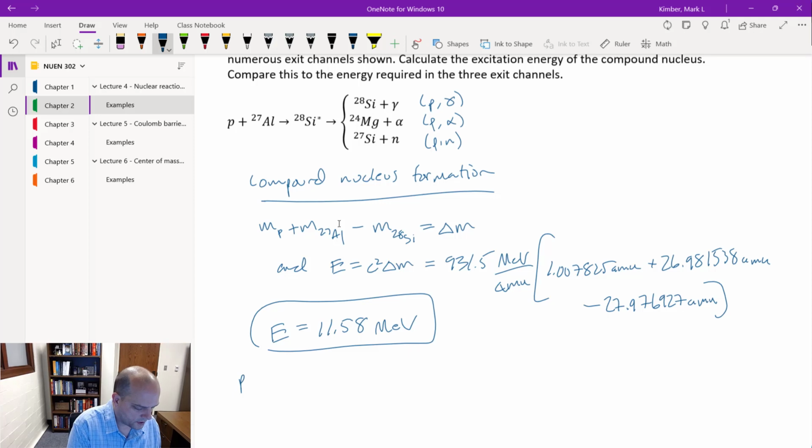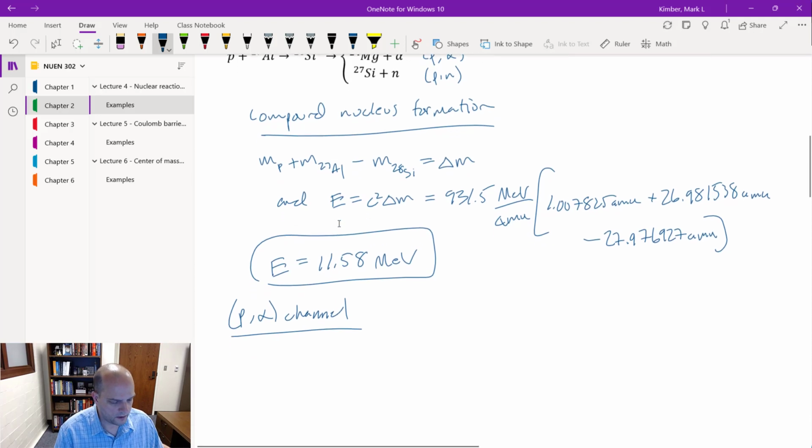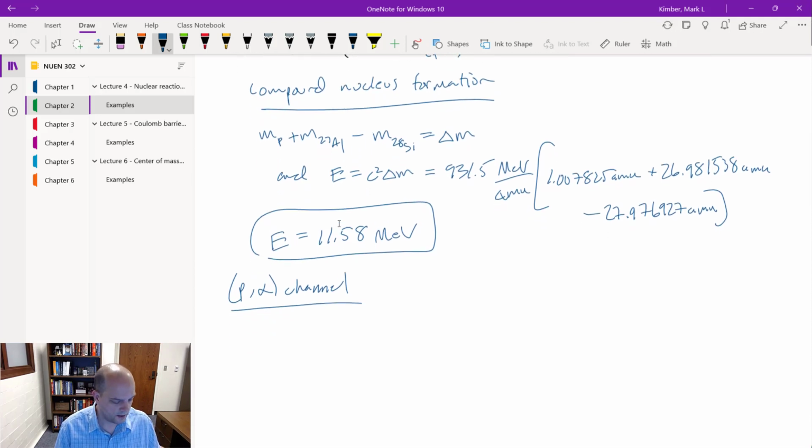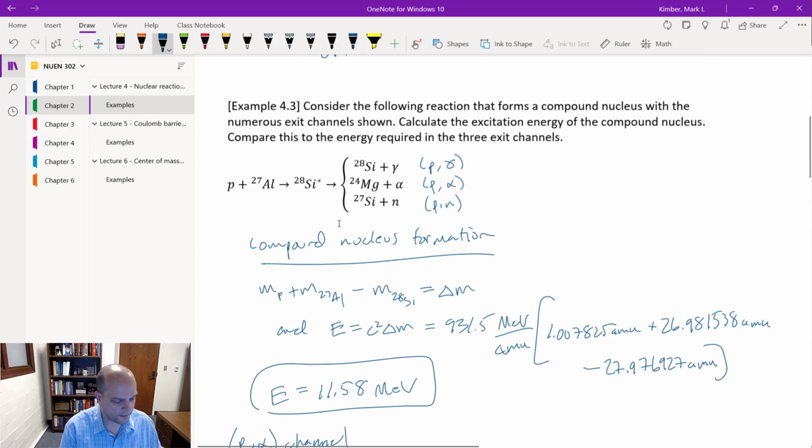So first, the proton gamma channel. What I want to do there is make use of the fact that I know I have silicon 28 in an excited state, and then I'm going to have silicon 28 in the ground state, without the star. And that extra gamma there represents the difference in MeV between my ground state and my excited state of that silicon-28.